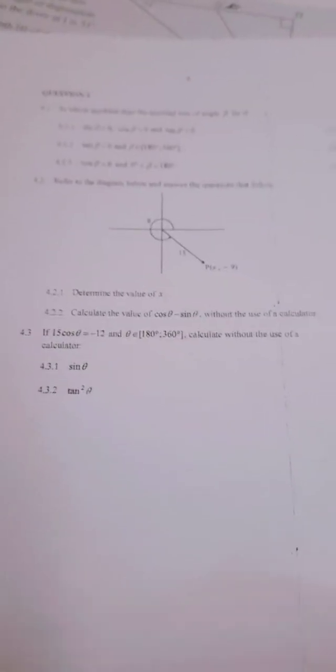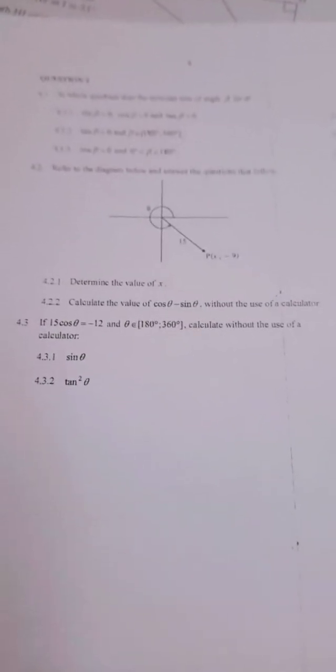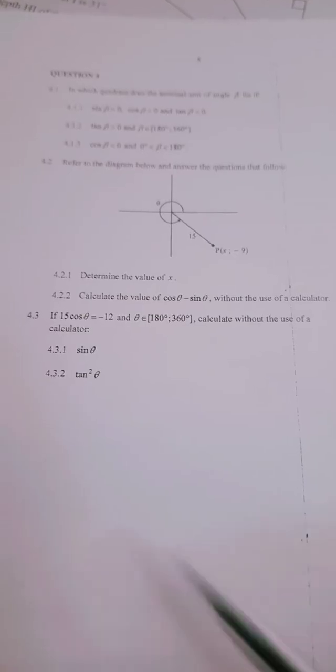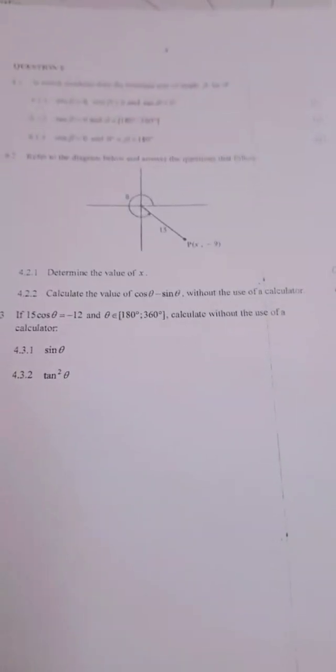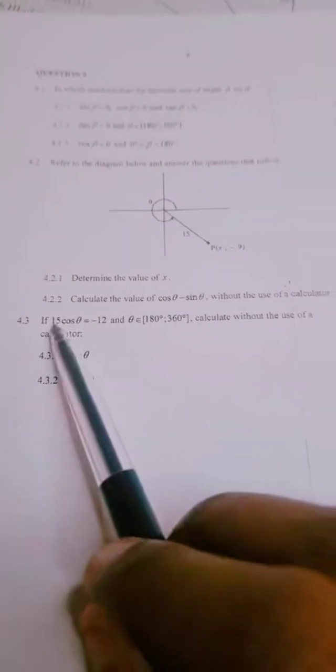So I see TJ saying cos theta is equal to negative 12 over 15. So already TJ in the comment section is saying isolate the trig ratio. Cos theta is equal to negative 12 over 15. How did TJ get negative 12 over 15? Divided both sides by the coefficient of cos, which is 15.